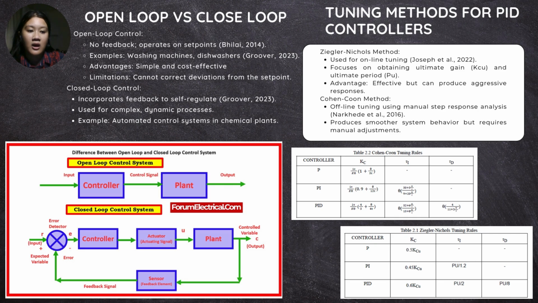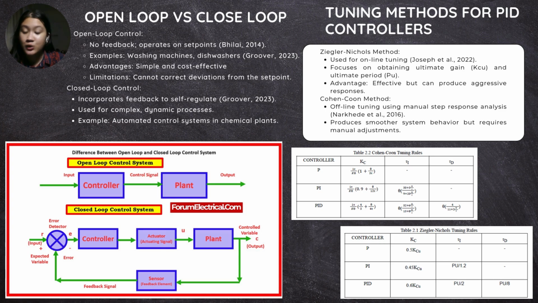If there's any deviation from the control variables, the output that we want, the sensor will send it and then it gives the feedback signal to the set point, to the error detector, and then it will go on in a loop. That's why it's called a closed loop control system.